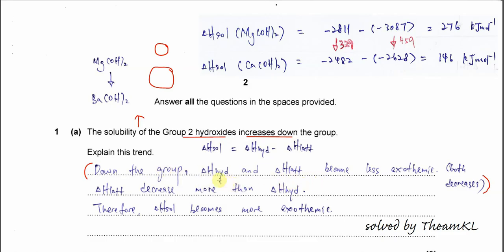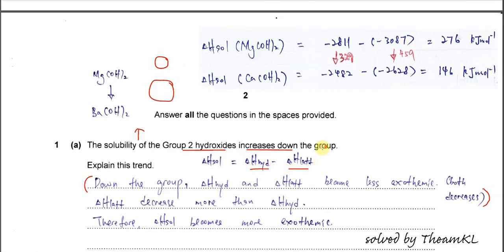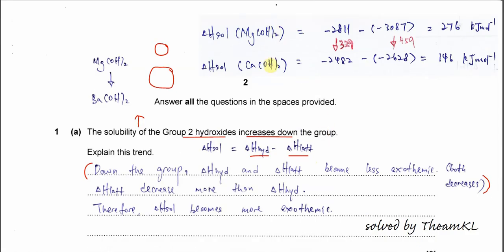Again, hydration enthalpy is the energy released when gaseous ions are dissolved in a large amount of water. The lattice energy is the energy released when gaseous ions combine and form the compound. So both are exothermic terms. For this example, magnesium hydroxide and calcium hydroxide, both the hydration enthalpy and the lattice energy are exothermic.